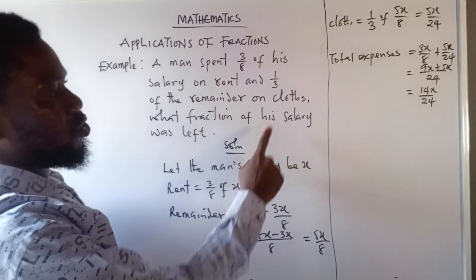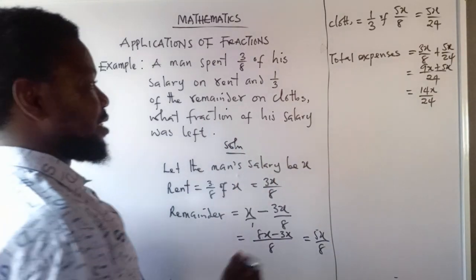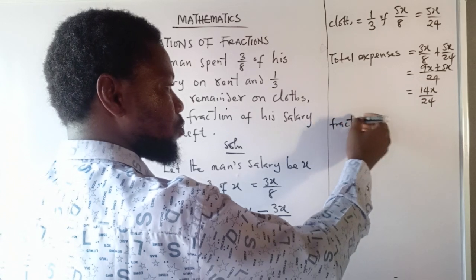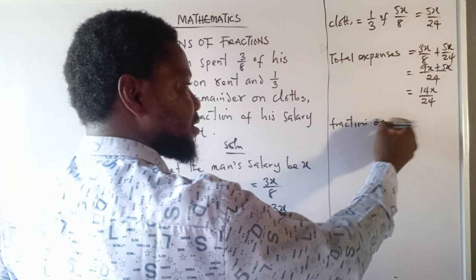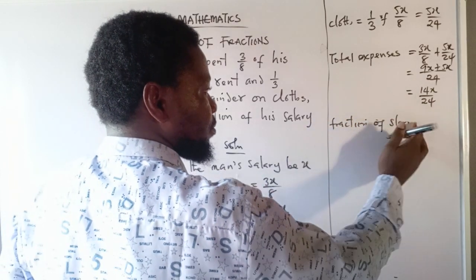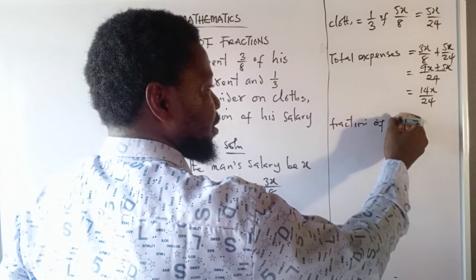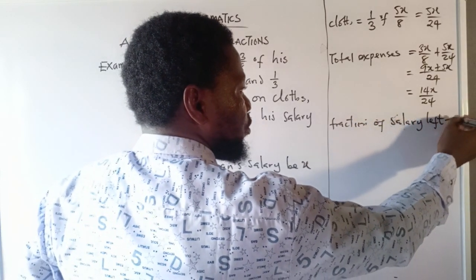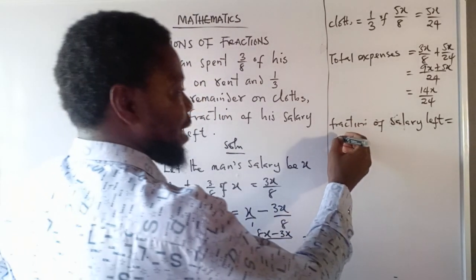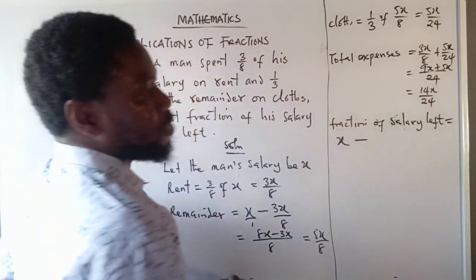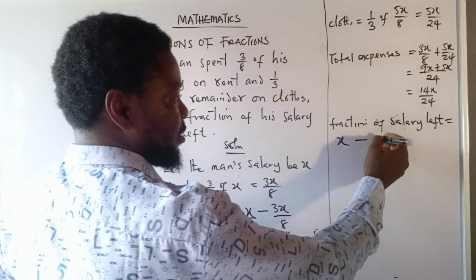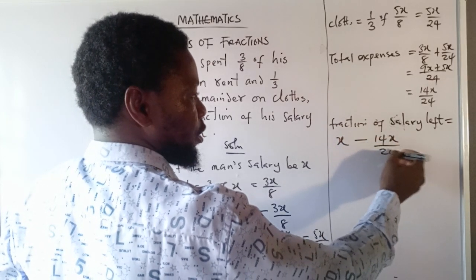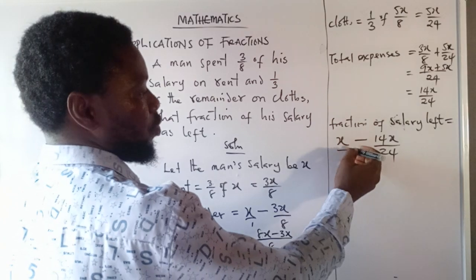So to get what fraction of his salary was left, fraction of salary left will be equal to the man's salary minus total expenses. The total expenses is 14X over 24. So X is also over 1.